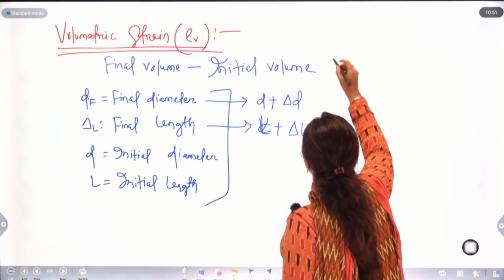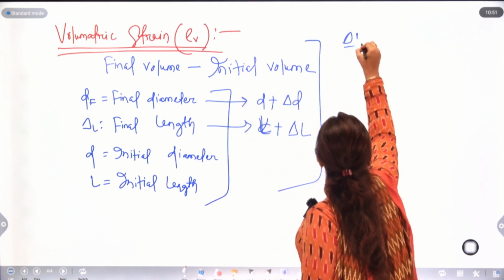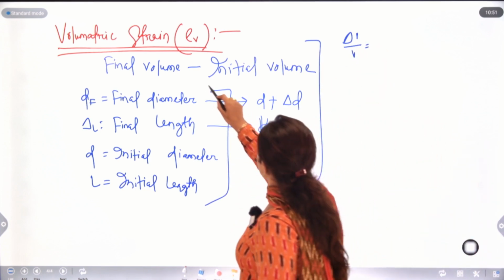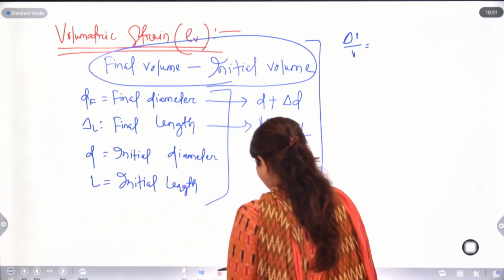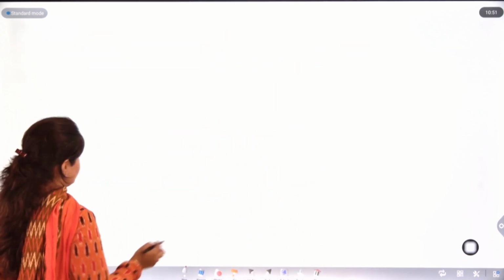So now we will solve del V by V. First we will solve this. So in our next page we will solve it.